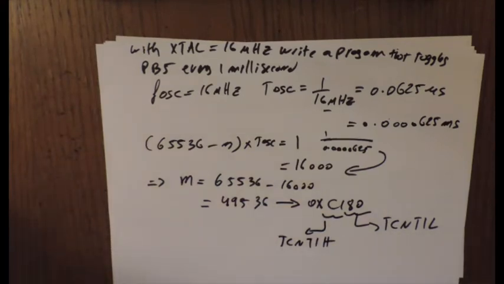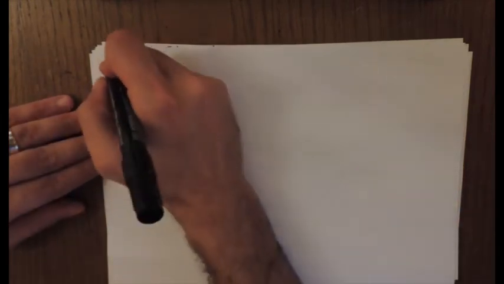Now let's write the program. Remember, we need to toggle PB5 every 1 millisecond. So first, since we're going to use functions, we're going to initialize the stack pointer.